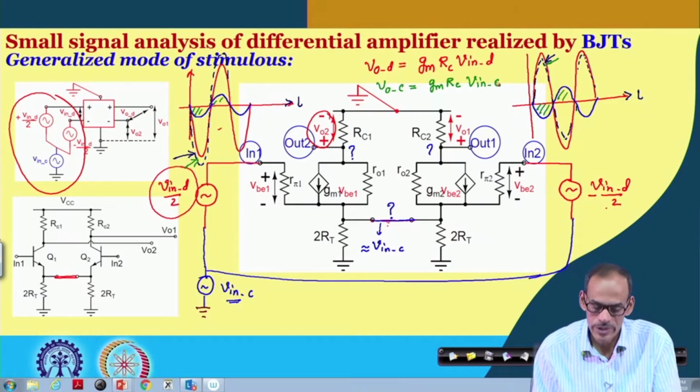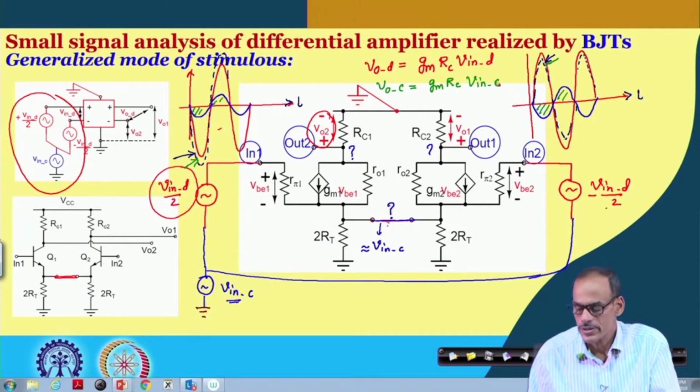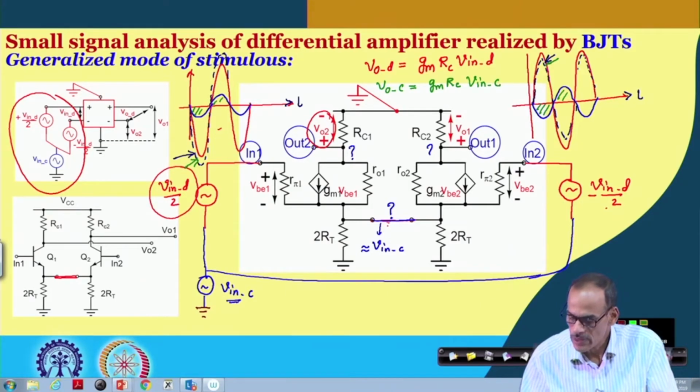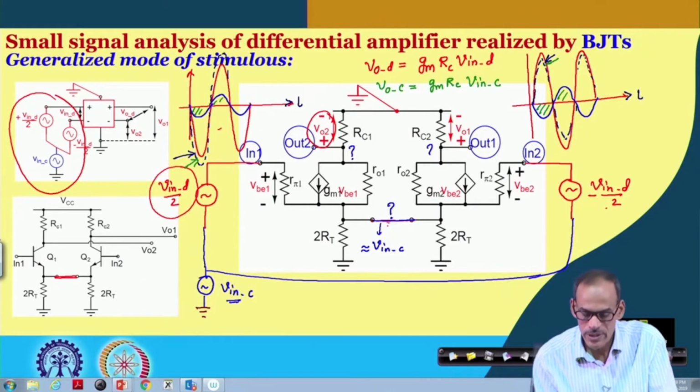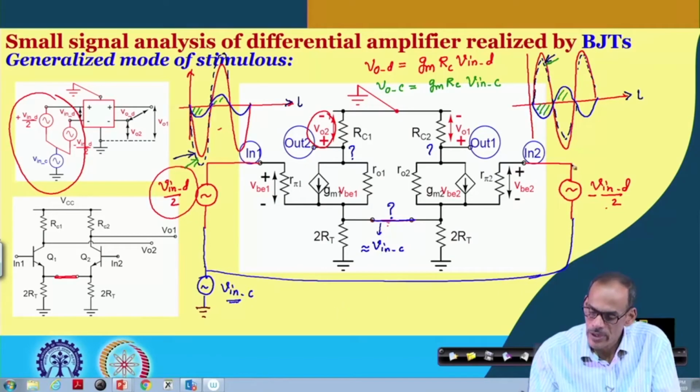So, that is how the circuit operates. Now, as a special case, consider that you would like to give a 0 signal here. That means, if I apply, say, V in C equals V in D by 2.